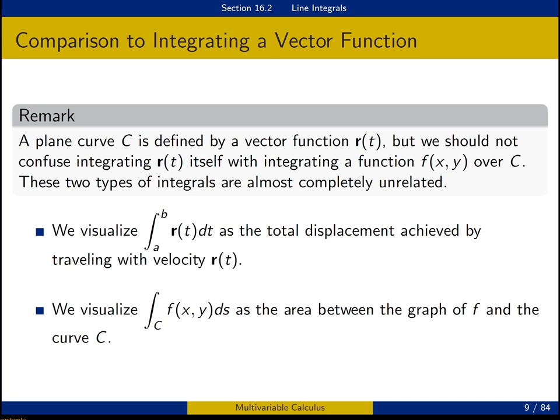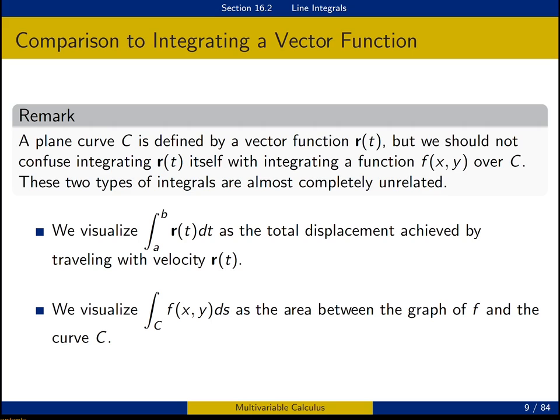We recently learned about another way of integrating where a vector function is involved, and it's important to recognize the difference between these. A plane curve is defined by a vector function, but integrating a function over the curve is not the same as integrating the vector function itself. There's almost no relationship between these two types of integrals.